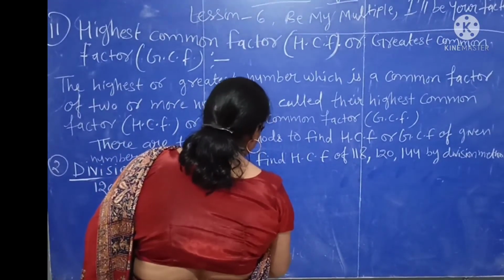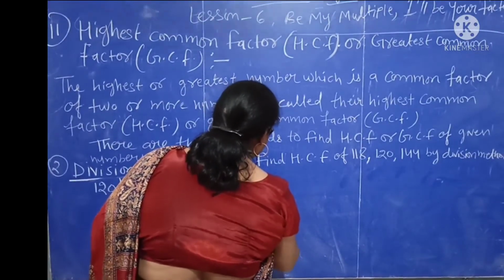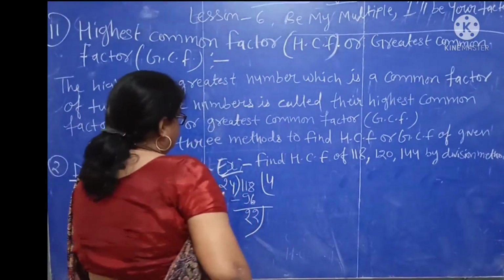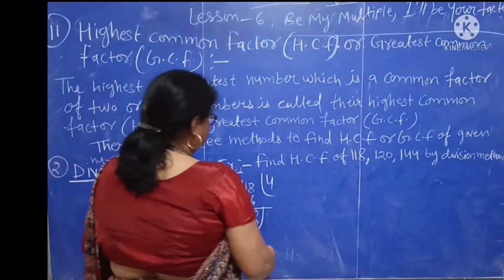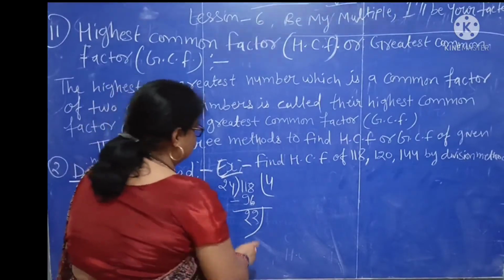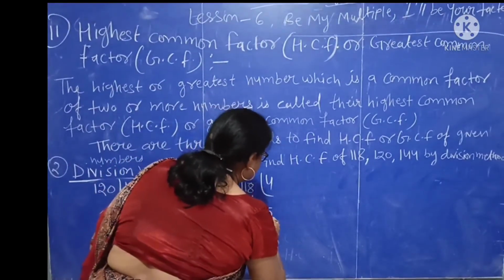Here is the remainder, 22 is the remainder. So now 22 will become the divisor and this divisor will become the dividend.